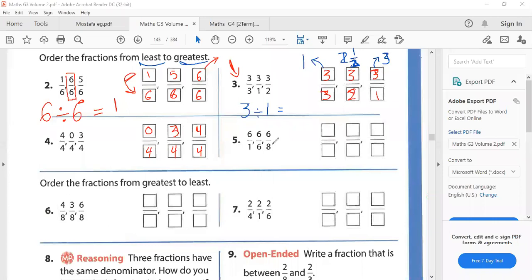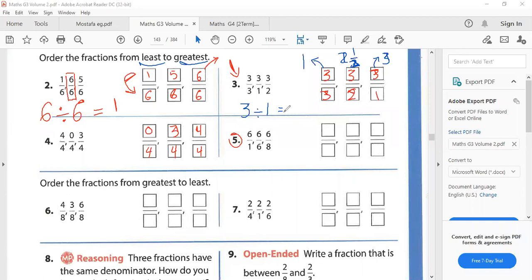Okay. Now, could you tell me how to answer number 5? Which one will be the least? 6 over 1 will be the least. Abdullah, do you have the same numerators or denominators? Not the same. The same what?